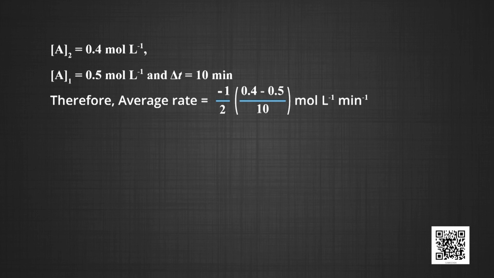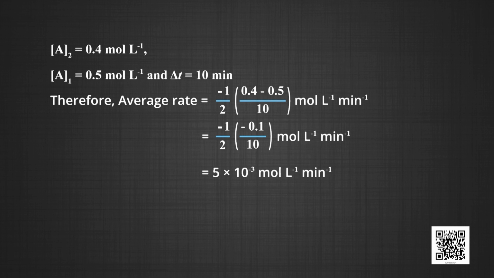So after putting the values, the average rate is equal to minus half 0.4 minus 0.5 divided by 10 moles per liter per minute. It comes out to be minus half into minus 0.1 by 10 moles per liter per minute. Final answer is 5 into 10 raised to power minus 3 moles per liter per minute.